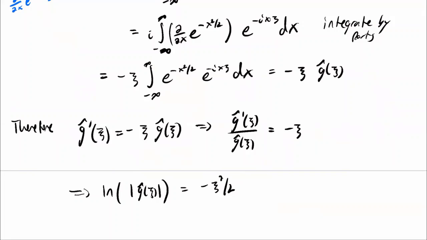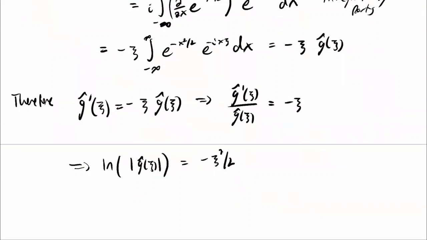Taking antiderivatives, and now if I take exponentials, I write plus c. And if I take exponentials, this tells me that the absolute value of g hat has to equal some number a times e to the minus c squared over 2. Well, I can choose this constant a such that I can eliminate the absolute values.